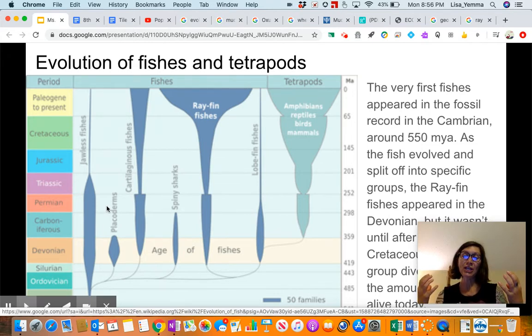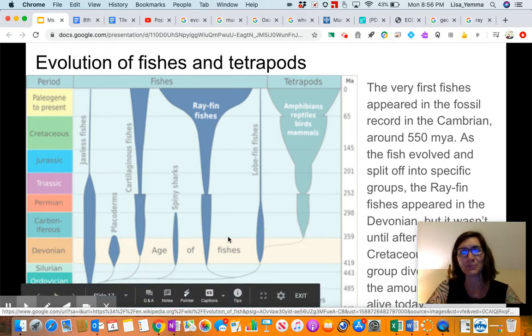That's diverging. That is groups of organisms evolving different adaptations and characteristics that put it into separate groups. So I'm focused on not the cartilaginous fish, those would be the sharks, and not a spiny sharks, not lobed fin fishes, which is interesting because my mud skipper isn't a lobed fin fish. And you can see the lobed fin fish.